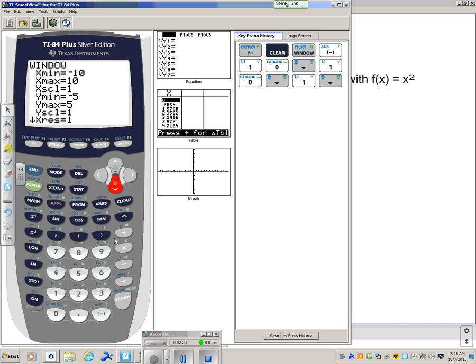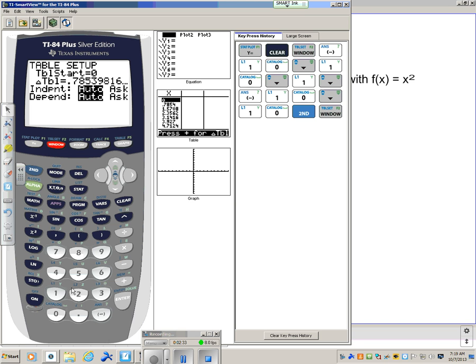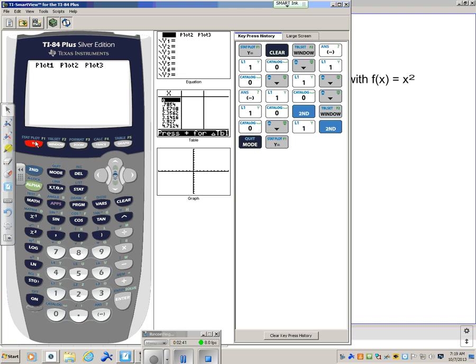And keep doing that. -10, 10, 1. And now I'm going to go to my table set, second window here. And I start off at 0. I'm going to have my table there go by increments of 1. So once I have that all set up, then I can go to my y equals up here, and I can plug in whatever I want.